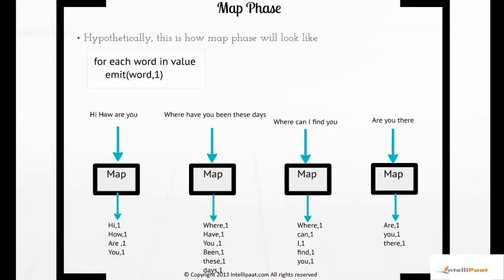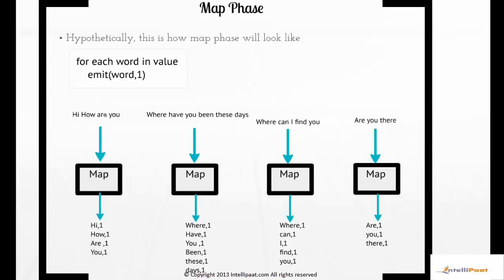So map 1 will give you hi, 1, how, 1, r, 1, u, 1. Map 2 will give you where, 1, have, 1, u, 1, been, 1, these, 1, days, 1. Map 3 would give you where, 1, can, 1, I, 1, find, 1, u, 1. And map 4 would give you r, 1, u, 1, there, 1.